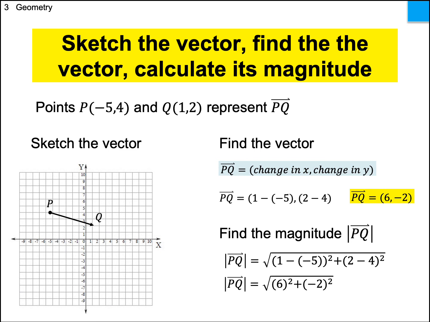It's the square root of 6 squared plus negative 2 squared. Where did I get the 6, negative 2? It comes from the vector itself, the direction of it. That makes our life a whole lot easier. 6 squared is 36, negative 2 squared is 4, 36 plus 4 is 40. That's 4 times 10, so 2 root 10. So the magnitude of vector PQ is 2 root 10, and the vector PQ is 6 comma negative 2.